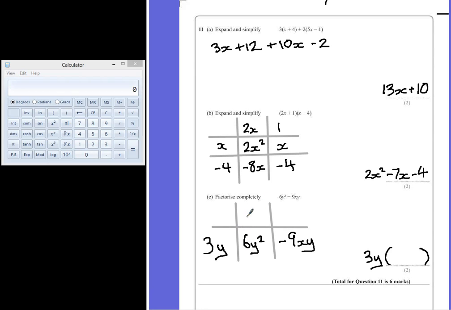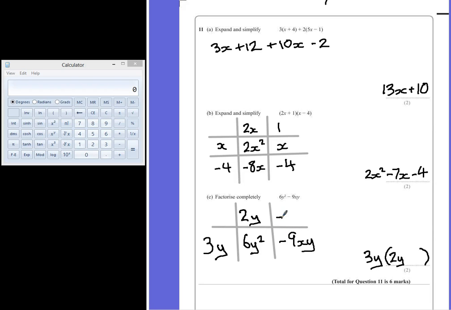3 times 2 will give us 6, and y times y will give us the y squared. So we've got to have 2y as our first value. Next, we've got a negative number, so we're going to end up with a negative inside this bracket.